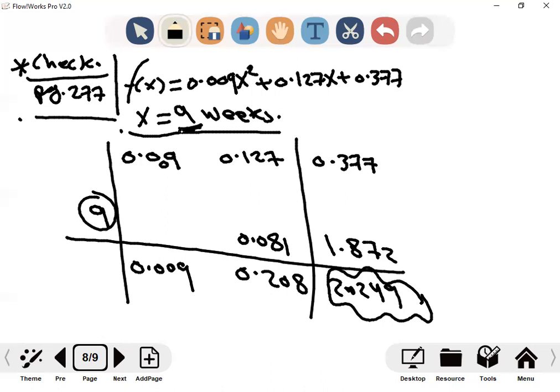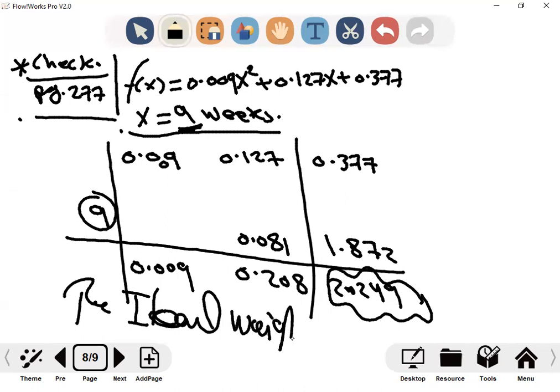So the ideal weight is 2.3 pounds, rounded. Okay, guys, I'll stop here.